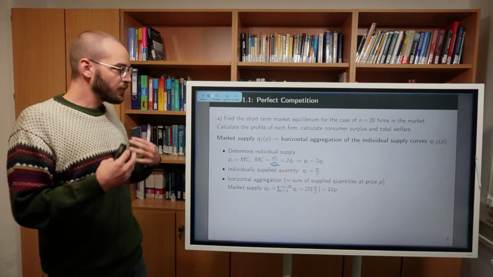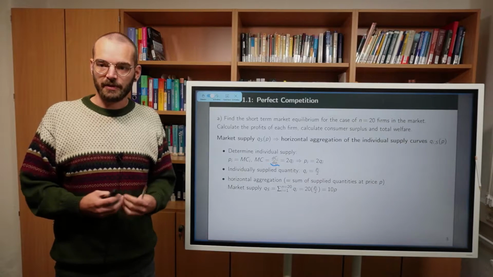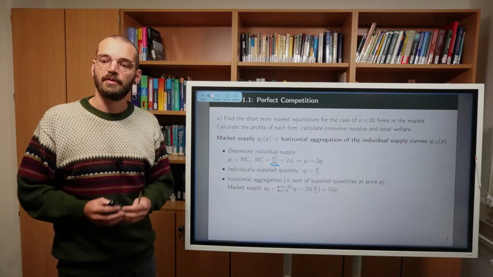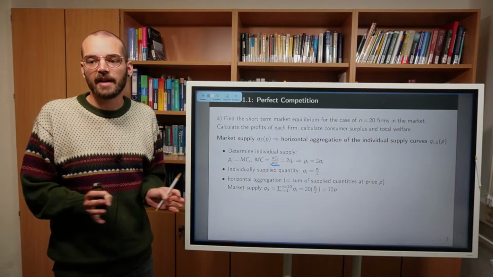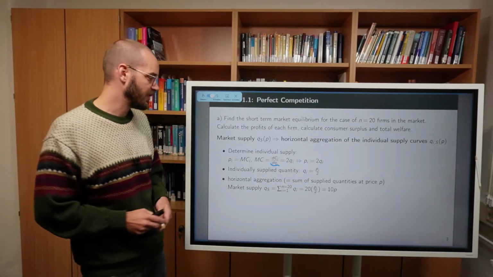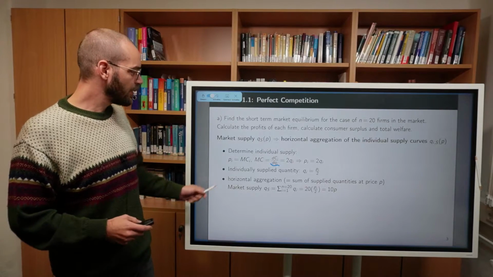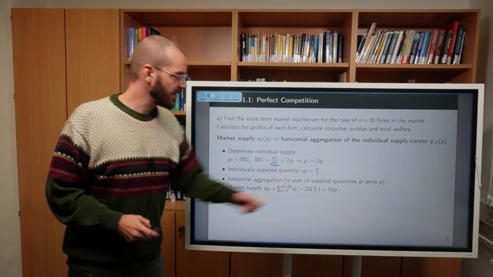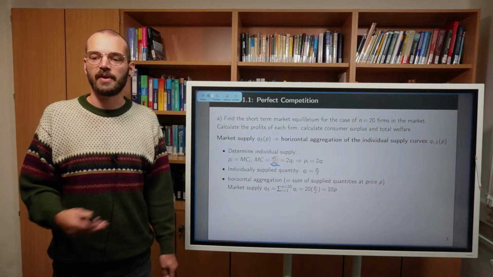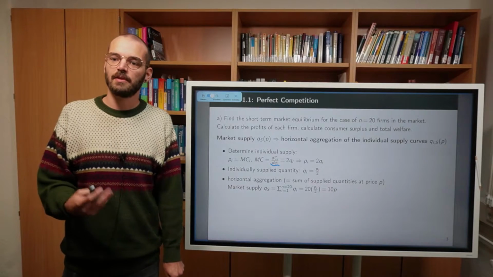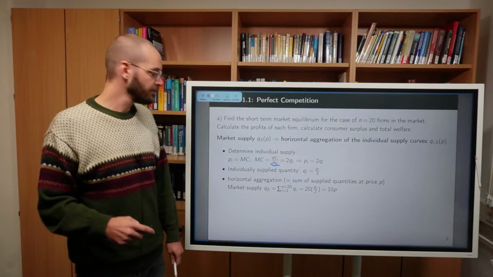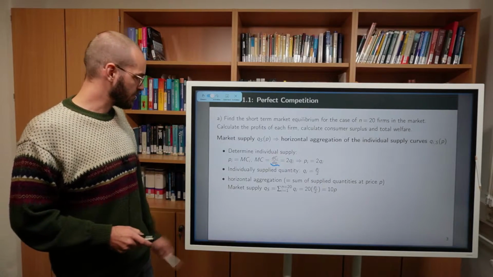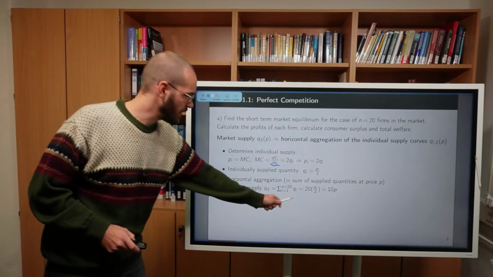Now, what do we actually need to do when we want to figure out the supply function of the whole market? We said that we need to horizontally aggregate all the individual supply functions. Well, and what that means is we simply sum the supplied quantities at any given price P. The supplied quantities of each individual firm summed over the number of firms. So this all comes down in the end to this expression down here.